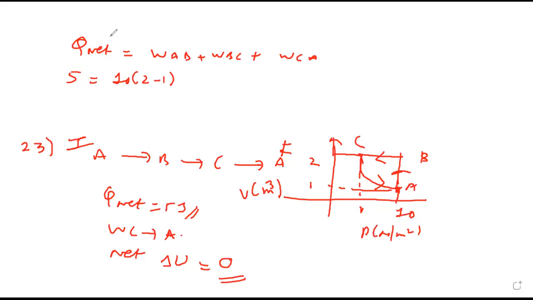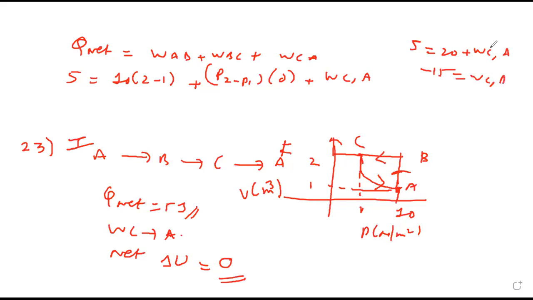P is 10, and volume is 2 minus 1, changing from A to B. B to C, volume is constant, so no change in volume, so it is 0. C to A you have to calculate. Now 5 equals 20 plus work done from C to A, so minus 15 is the work done from C to A. Check, we have this option: minus 15. Yes, C option.